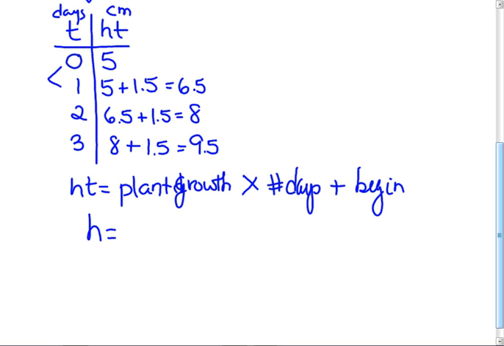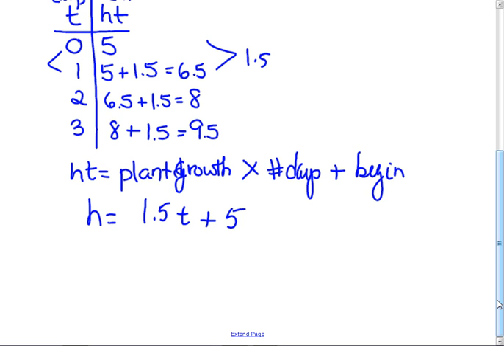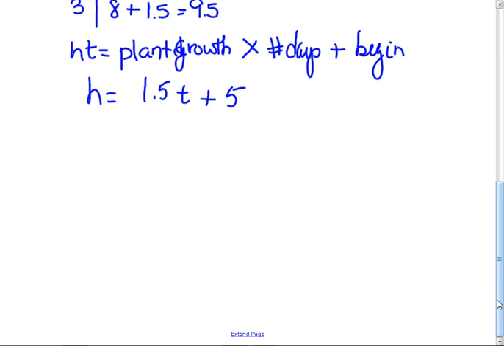As this increases by 1, what is this increasing by? 1.5. So that's 1.5 times how many days, and we call that T, plus, what was the beginning height? Didn't start at 0. Started where? How tall was the plant when I bought it from the store? 5. Should we check to see if this works? Let's try the height after 3 days. So we have it in our chart after 3 days.